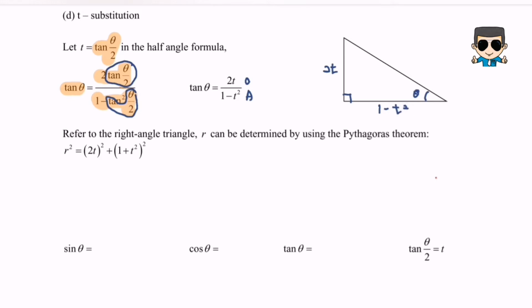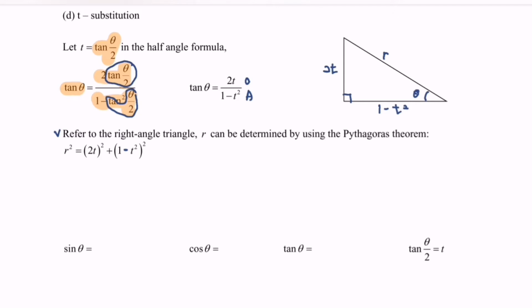Referring to the right angle triangle, r, the hypotenuse, can be determined by using the Pythagoras theorem. Written, r squared equals (2t) squared plus (1 minus t squared) squared.